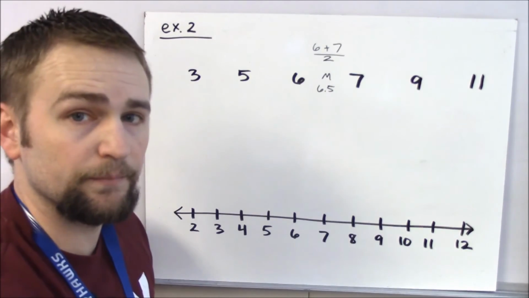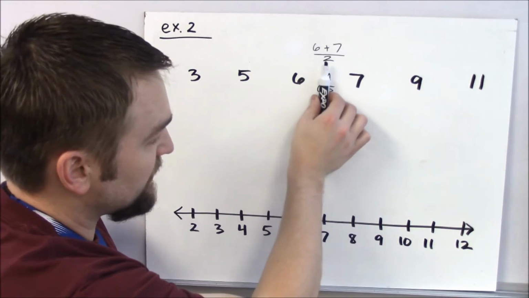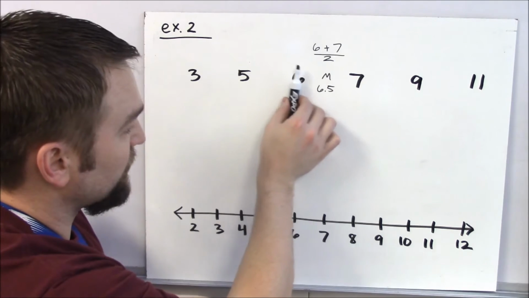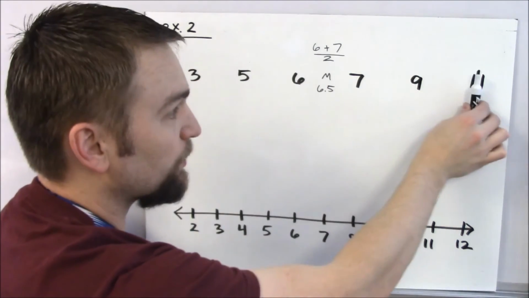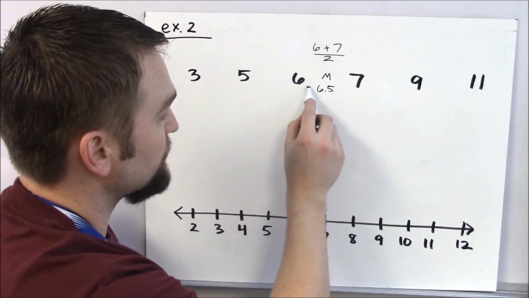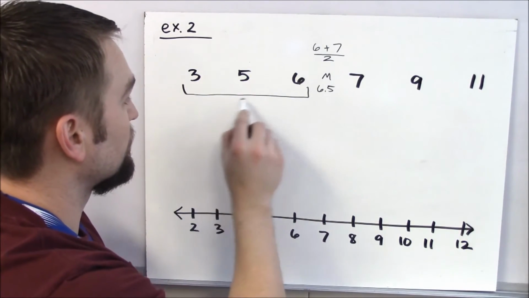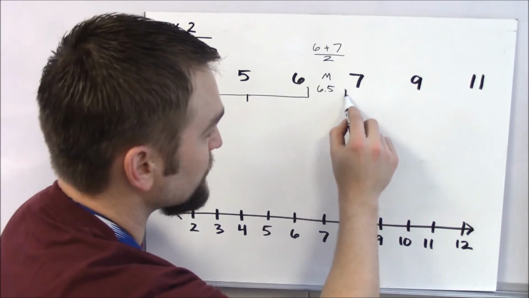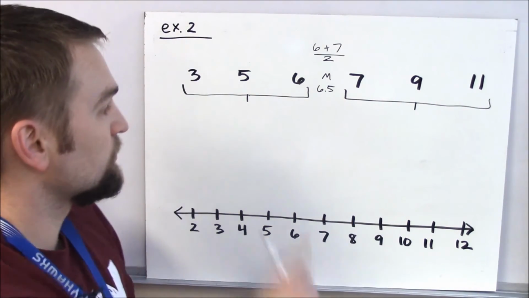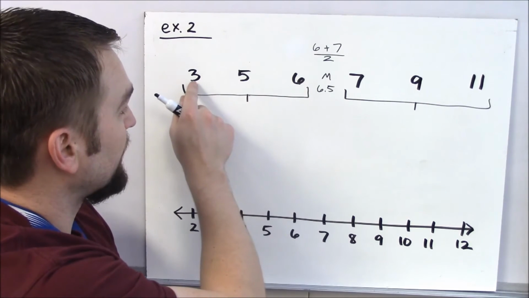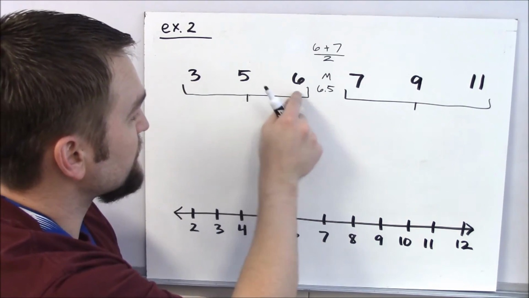Because that's my median, this 6 is going to be part of the lower half, and the 7 is going to be part of the upper half. If it helps you, let's put a little bracket, and I'm going to do the same here. Here's my lower half. I have 3, 5, and 6.